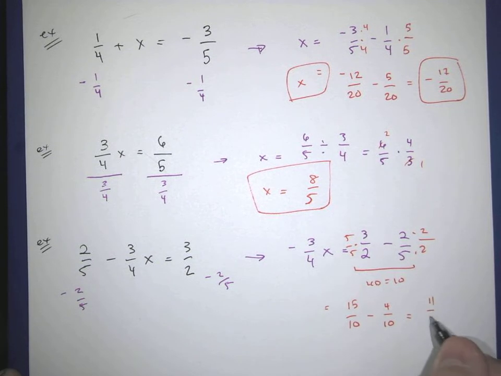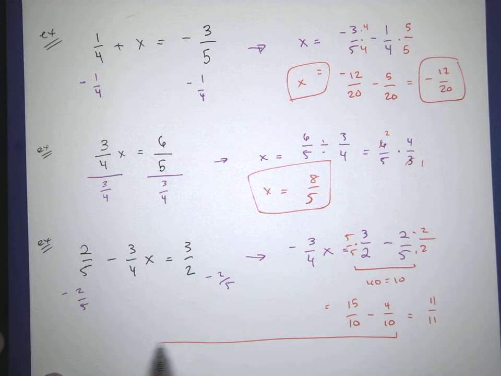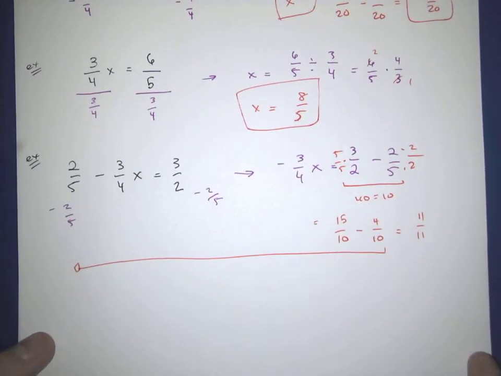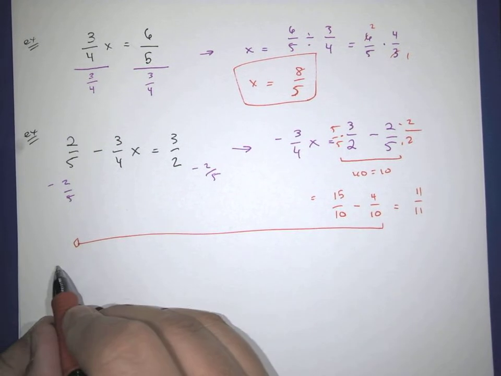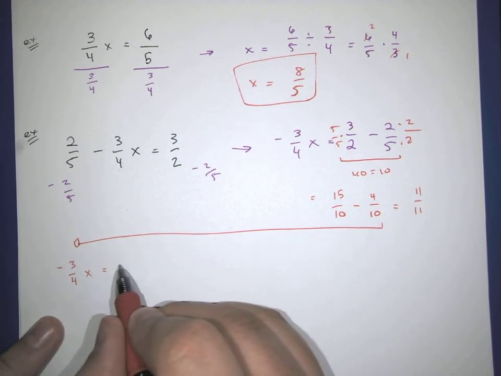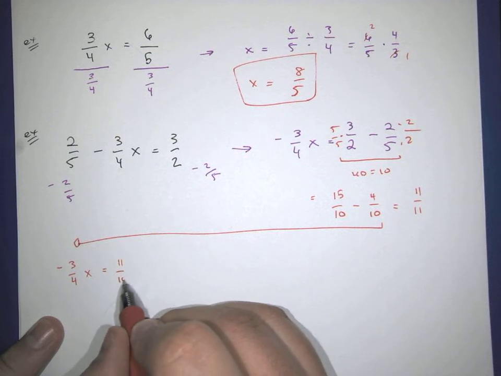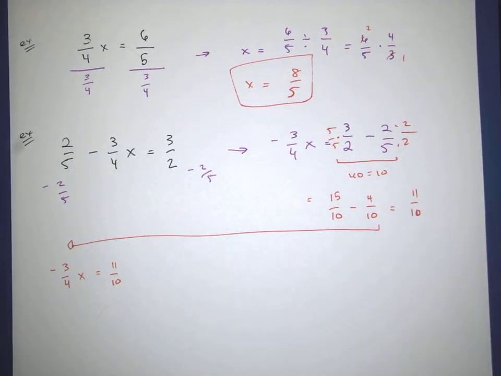So that's going to be 11 over 10. I'll carry this back over. Shift my paper up so you guys can actually see what I'm doing. So this is negative 3/4 x equals 11 over 10. That should be 10, of course.